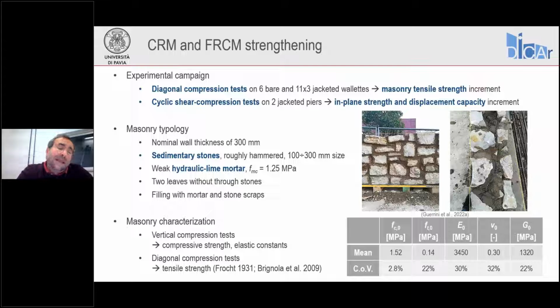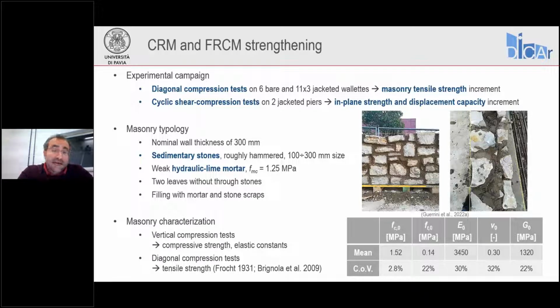As I said, we investigated these interventions when applied to stone masonry walls with a thickness of 300 millimeters, quite weak masonry. These walls were made of two independent leaves, poorly interconnected without through stones, and with a filling between the leaves made of a mix of mortar and stone scraps.